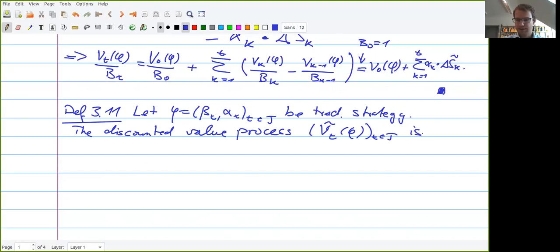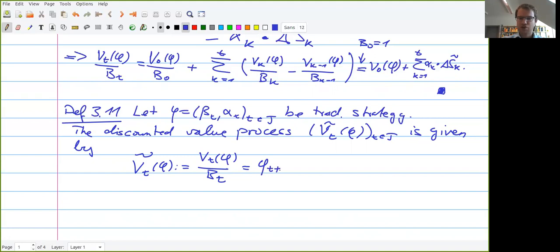We define it then by discounting the value process with the risk-free asset, and this is nothing else but the definition of the value process without discounting, right?